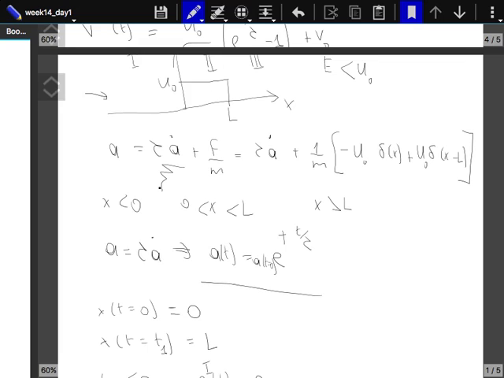And some say that we are living in a black hole. And probably the time t equal to 0 was when the black hole was formed.